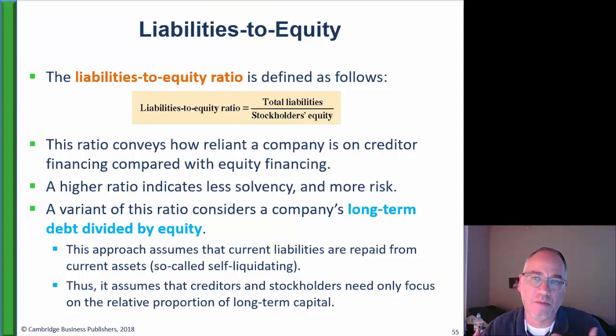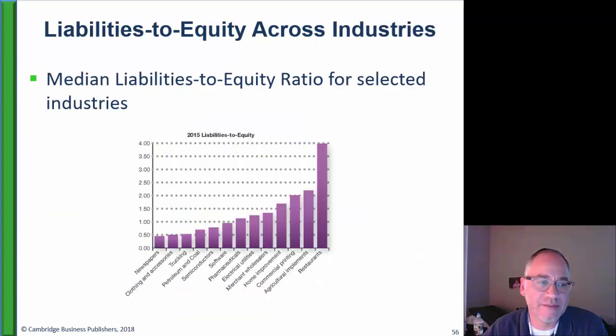To me, that seems like a more usable ratio and easier to understand. The problem with liabilities to equity is that as liabilities go up, equity goes down, so it's not really what we would call linear. So I think liabilities to assets is a preferable ratio. It's just as accurate as this one. Long-term debt divided by equity is another one, but I'm not so crazy about that.